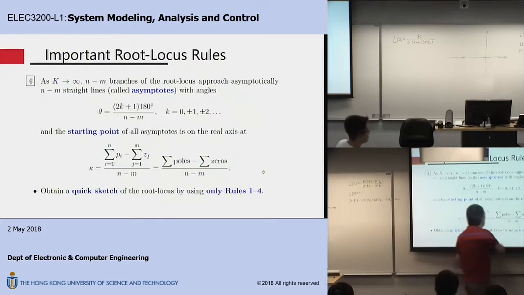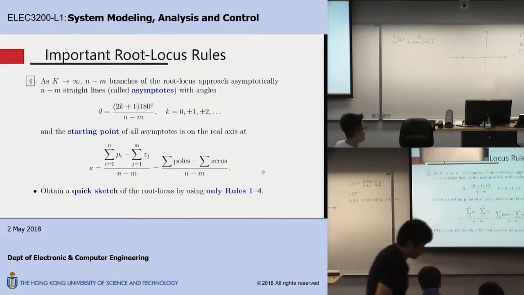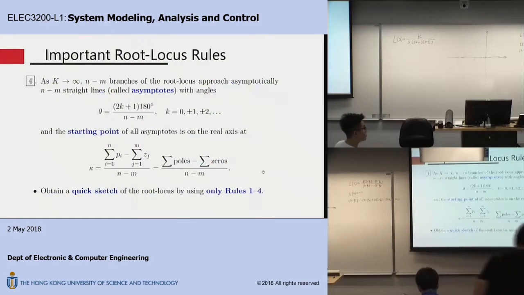Actually, this rule tells you that they go to infinity in those directions, in those straight lines, captured by those angles. And the starting point of those lines, so-called asymptotes, is on the real axis at this point.